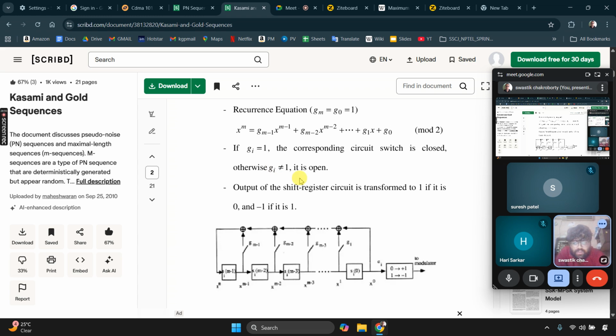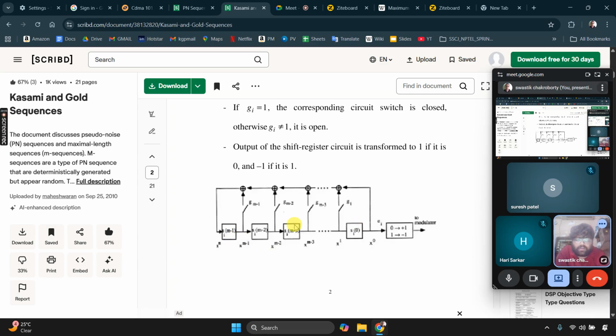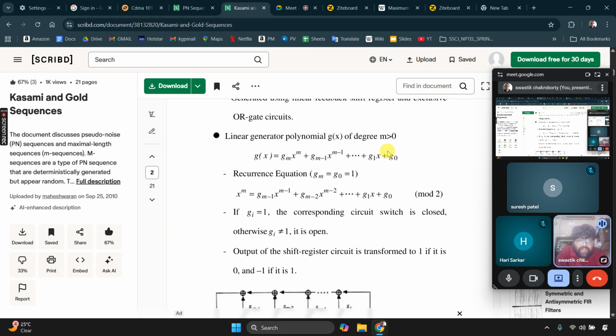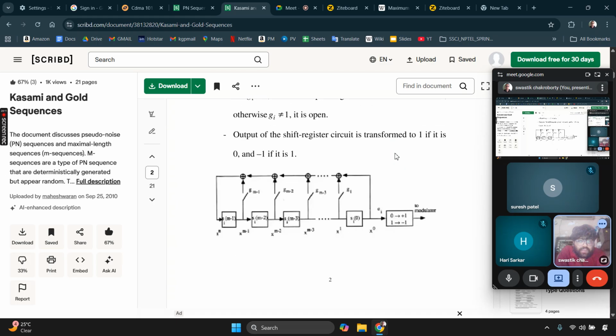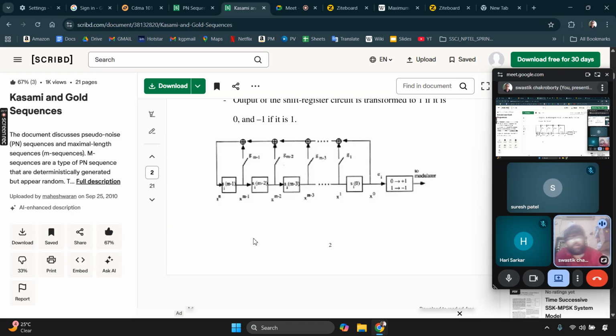You close some of them and open some of them, and these plus signs are basically XORs. So finally you XOR them and you get the result. The rightmost feedback shift register corresponds to this term. The rightmost is not the highest power, the rightmost is the lowest power, x to the power 0, and as we go left the power increases.